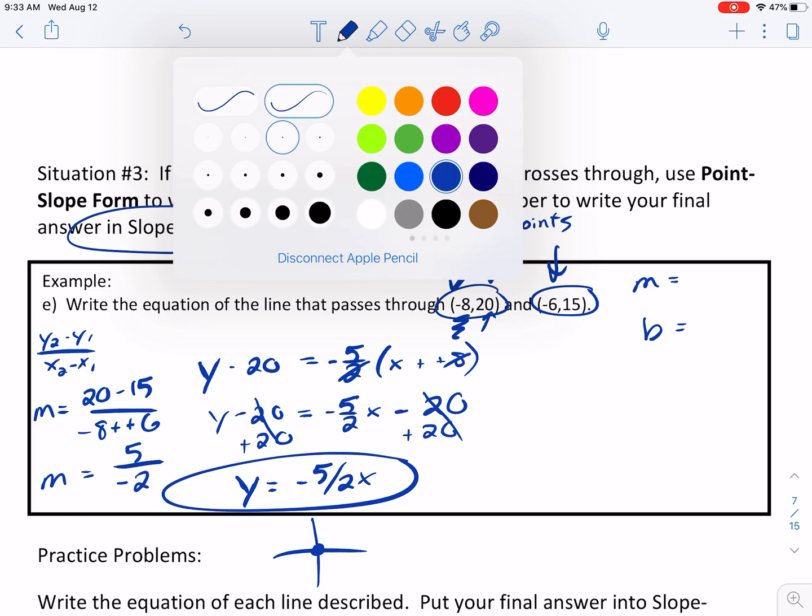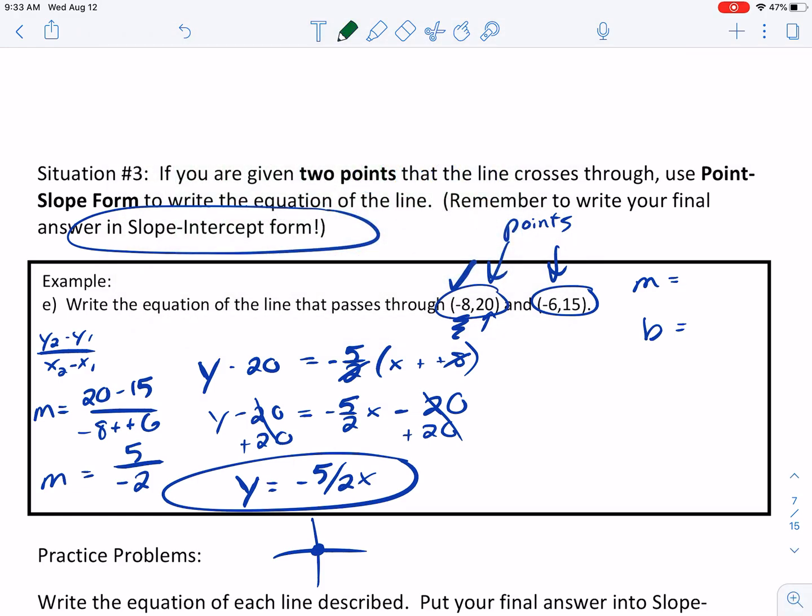One other process you could use, if you wanted to, is to plug your point into slope-intercept form, because remember, x and y represent a point. So let's show that method too. Let's use the same point, -8, 20. You could use either point, but we're just going to use the same point here. The y is 20.